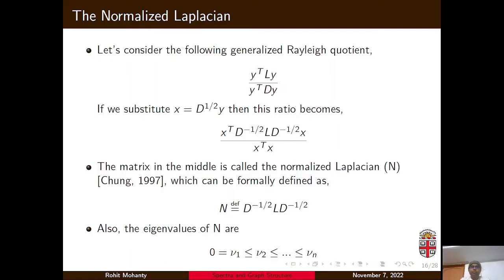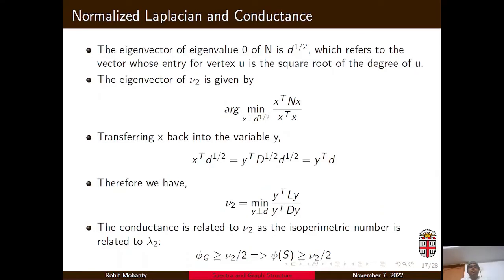Now let's talk about the eigenvectors of N. The eigenvector of eigenvalue 0 of N is D to the power 1 by 2. Now this refers to the vector whose entry for the vertex u is the square root of the degree of u. Now the eigenvector of nu2 is given by the argmin of x transpose Nx upon x transpose x for all x which are perpendicular to D to the power 1 by 2.